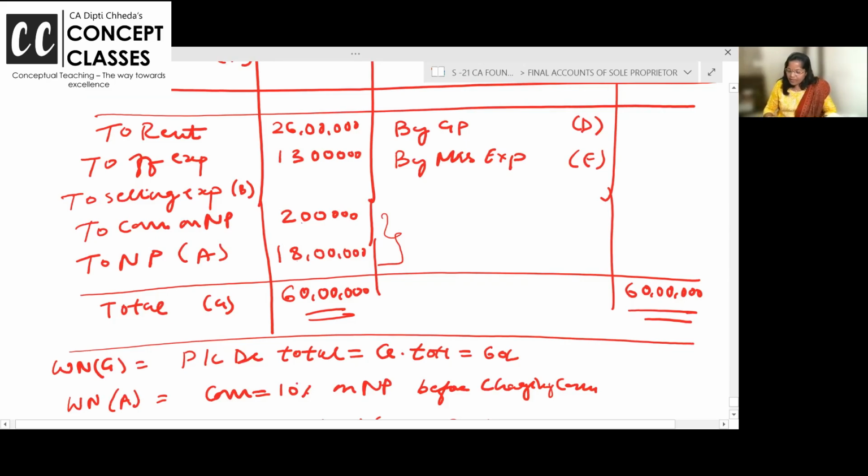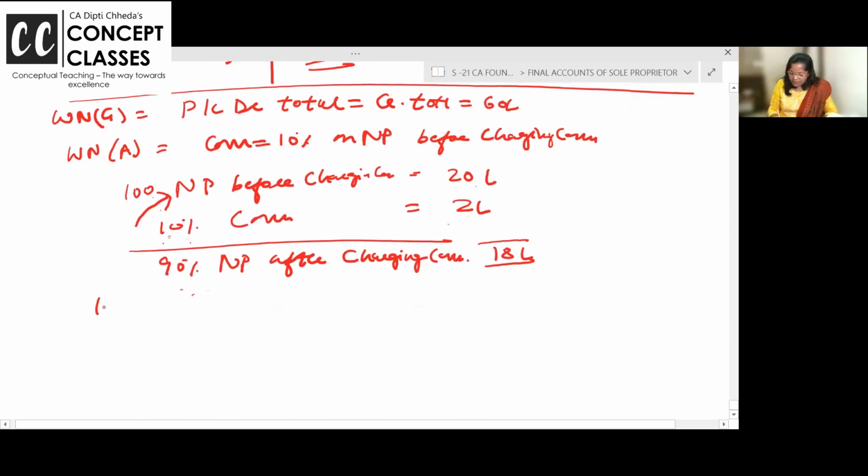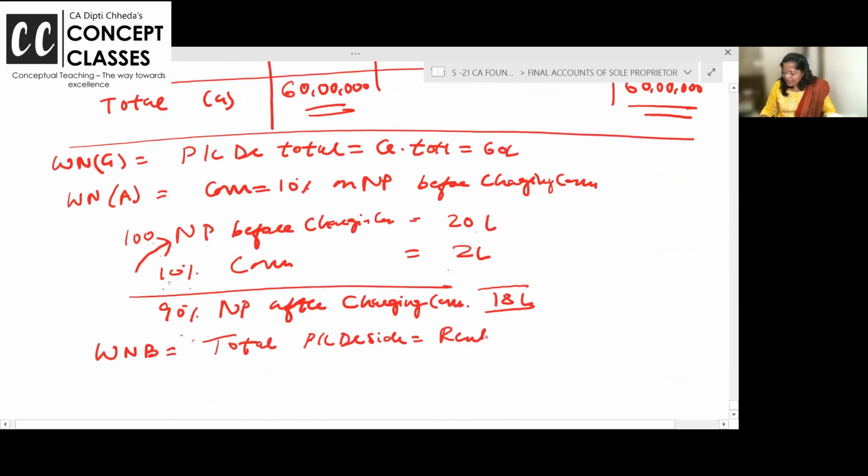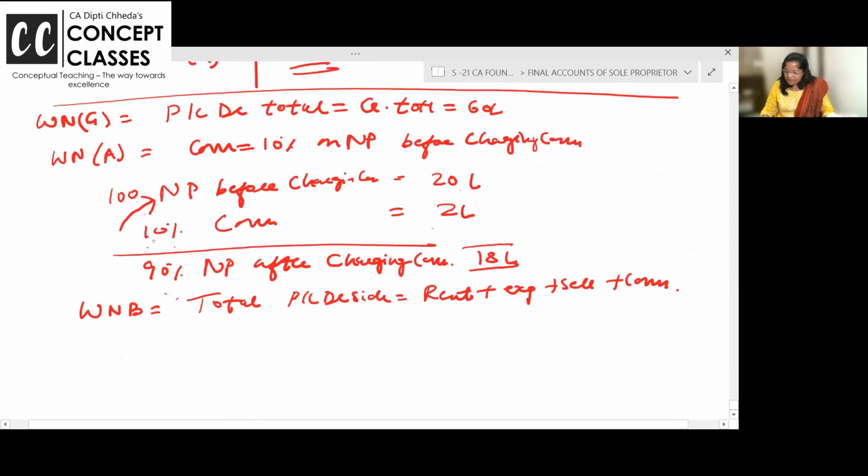Chalo, now we'll do working note B. Total of P&L account debit side. What all is there? Rent plus office expenses plus selling expenses plus commission. Yes, you will have to write like this.